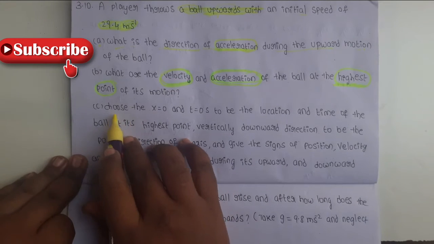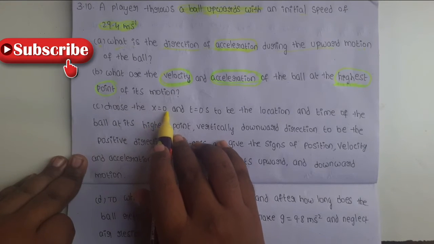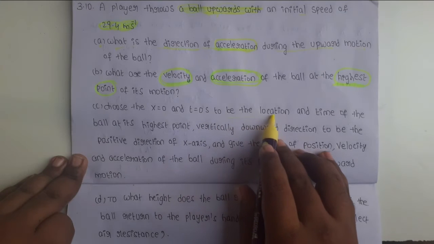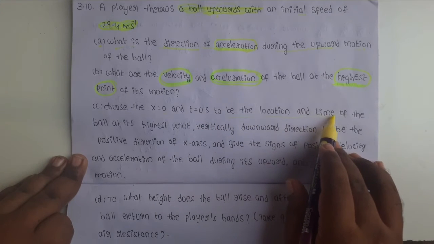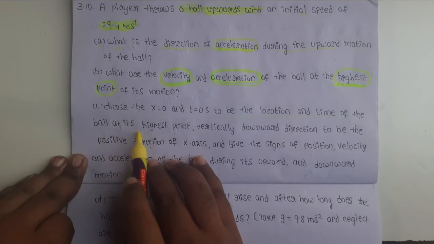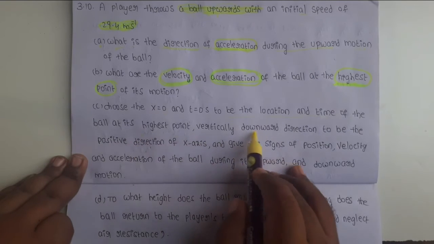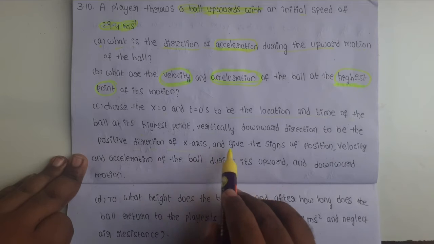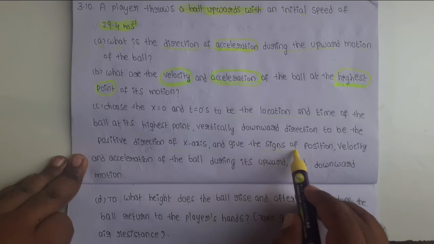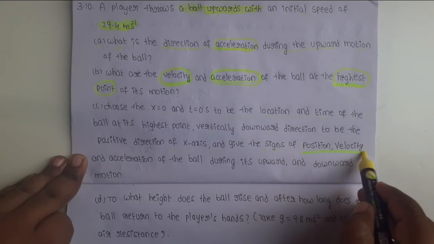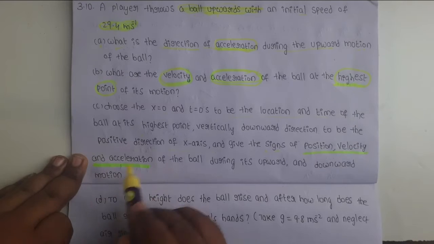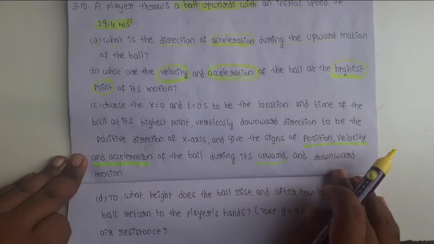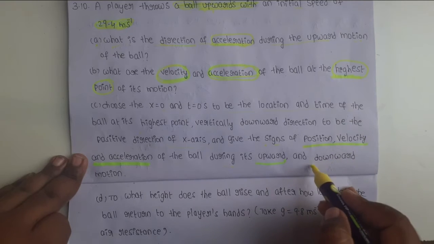Next question, C. Choose x equal to 0 and t equal to 0 second to be the location and time of the ball at its highest point, with vertically downward direction to be positive of the x axis, and give the sign of the position, velocity and acceleration of the ball during its upward direction and downward direction.